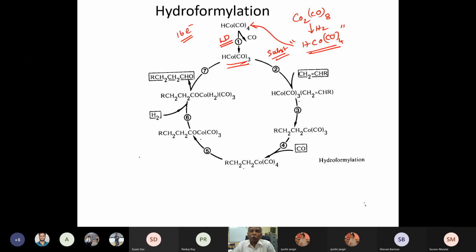We have not written the geometry of this molecule, but it has to be written in such a way that you have hydrogen and an alkene. Let's write it in such a way that you would generate the linear aldehyde.